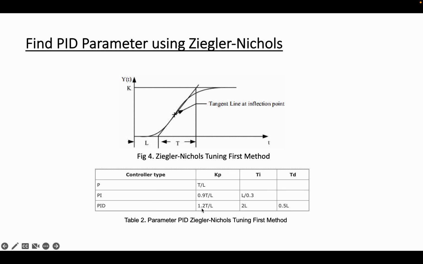For PID, Kp is 1.2 T over L and Ti is 2 multiplied by L.